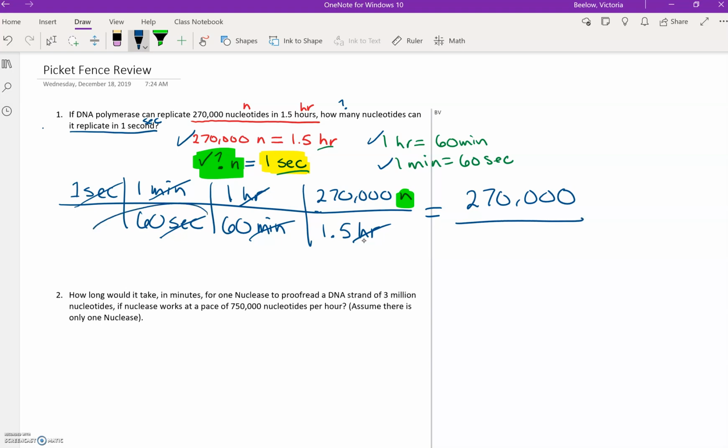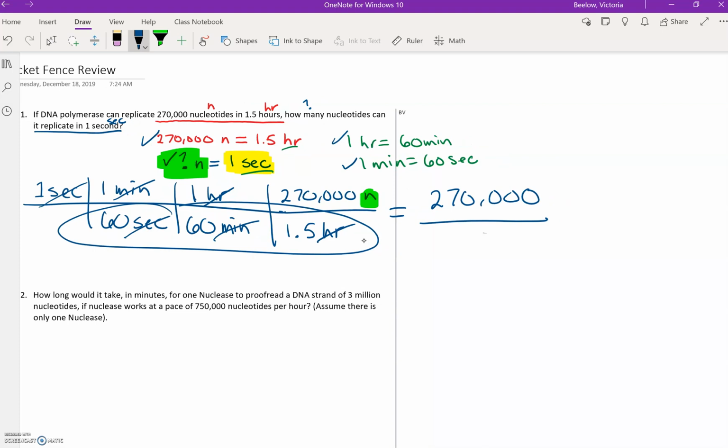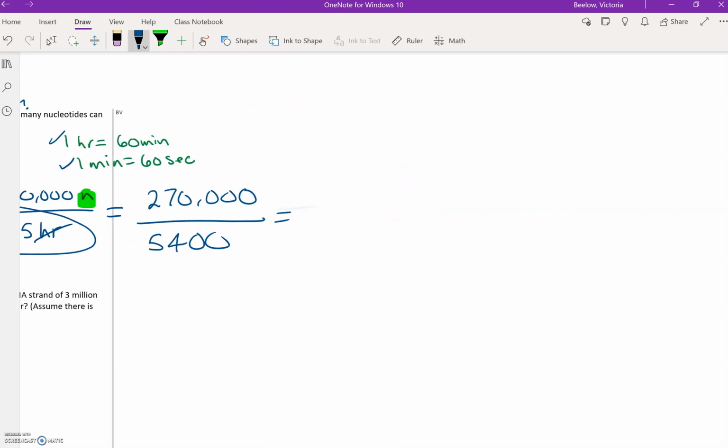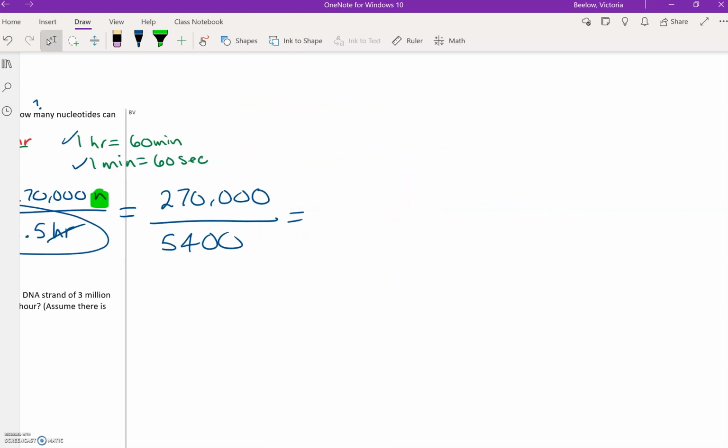In the bottom, I'm going to have to do 60 times 60 times 1.5, which is 5,400. Most of my students will at least do this step here, and then for your final answer, you're going to do 270,000 divided by 5,400, and we're going to get 50.